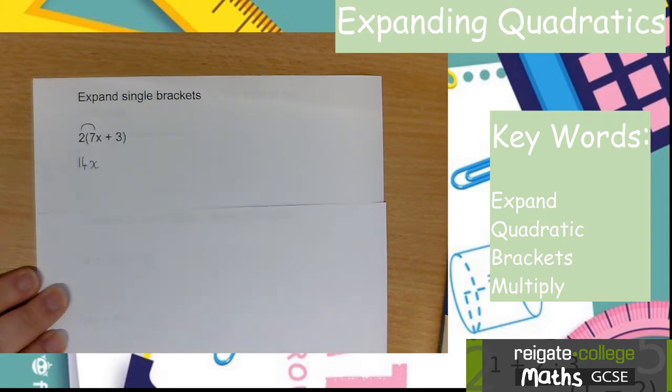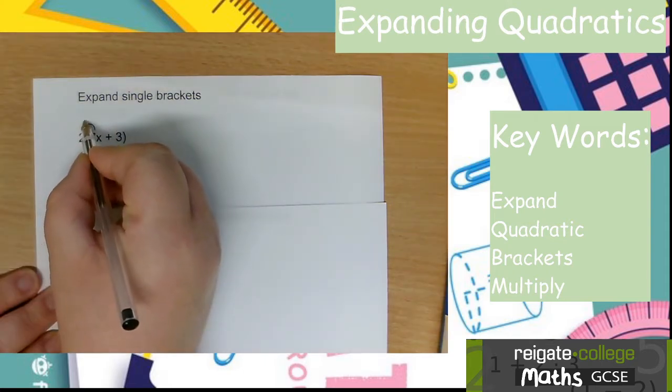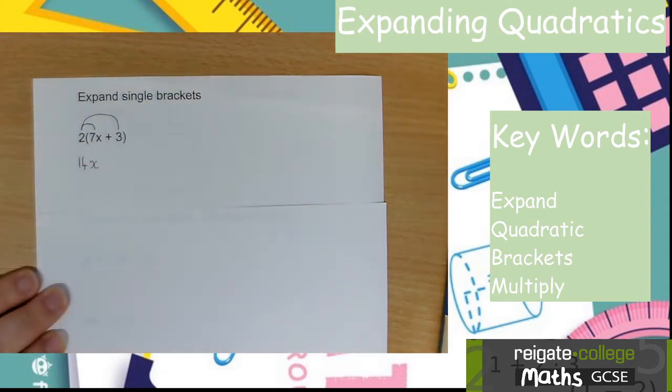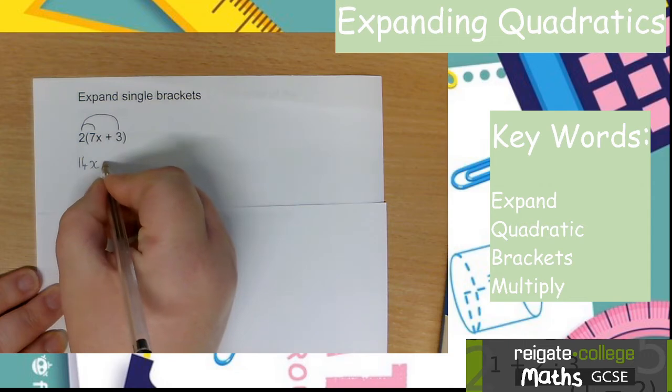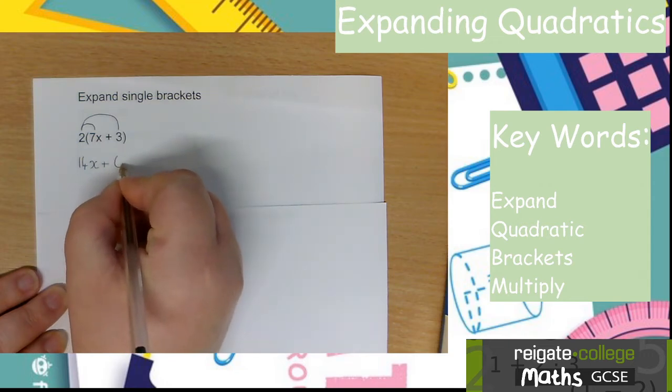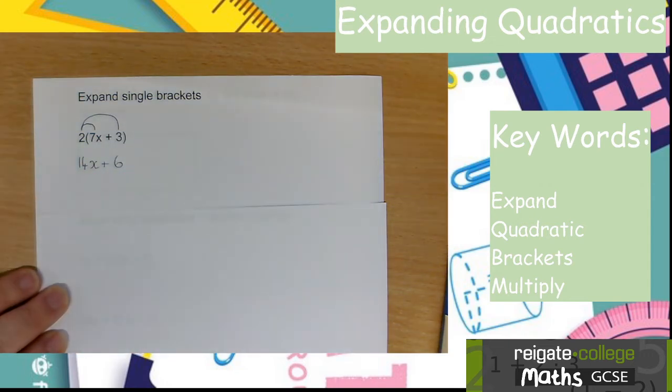For the second term, we're going to multiply the same 2 by the 3 on the end. 2 times 3 is 6. That 3 is a positive, so the final expression is plus 6. 2 times brackets 7x plus 3 expands to 14x plus 6.